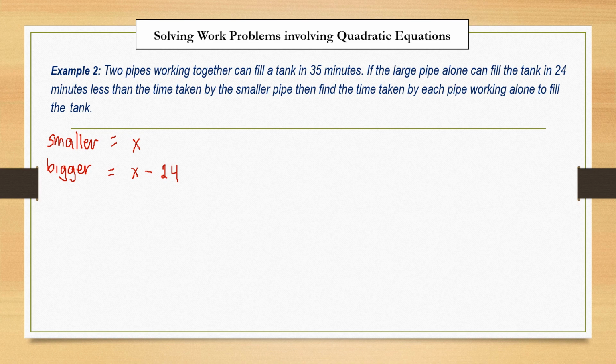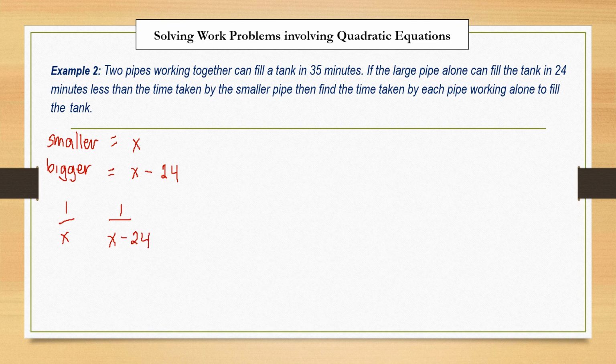Now, how can we represent the amount of work that the smaller pipe can do in 1 minute? That can be represented by 1 over x. How do we represent the amount of work that the larger pipe can do in 1 minute? That would be 1 over x minus 24.